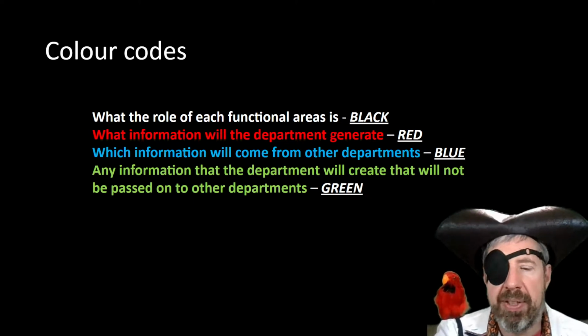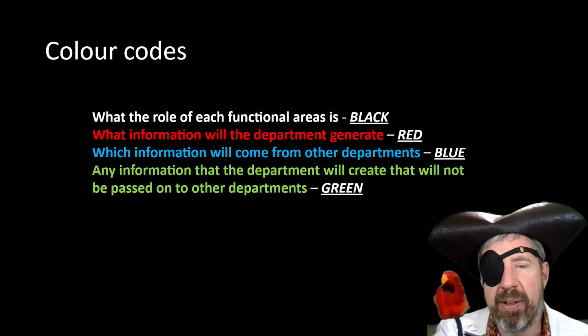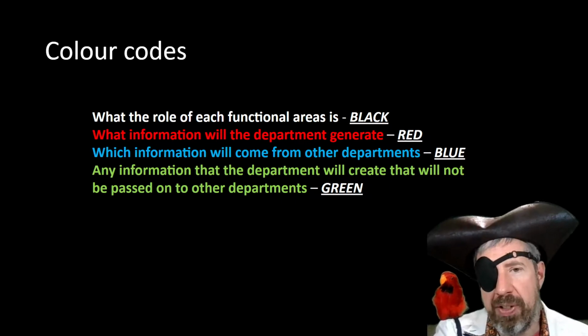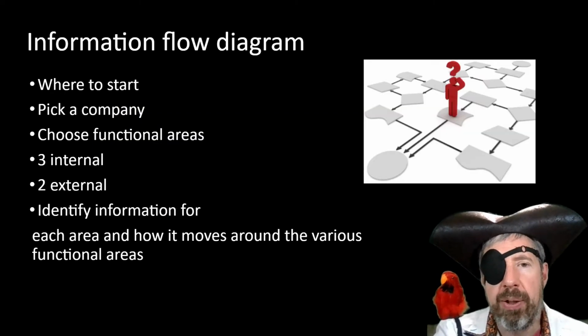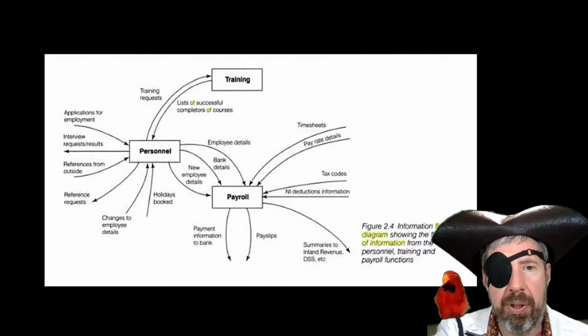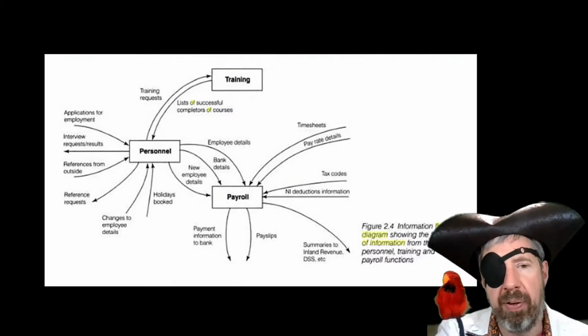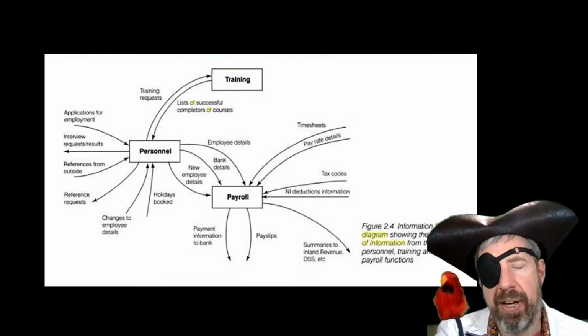So have a think about it that way. It should make it easier to do it by colour rather than more difficult. And the role function of each area is in black. So where it says personnel, you could just do a very brief description of what that is.